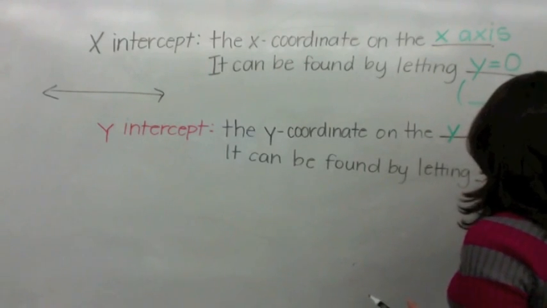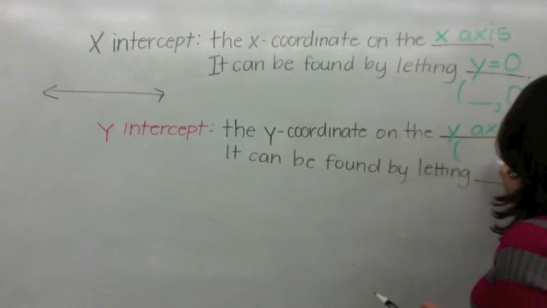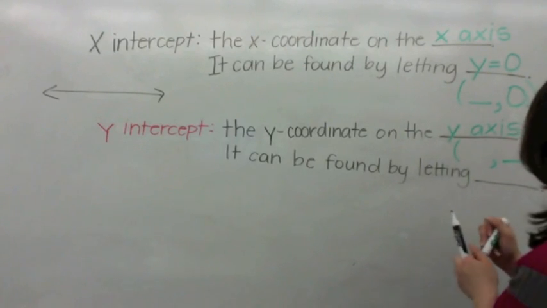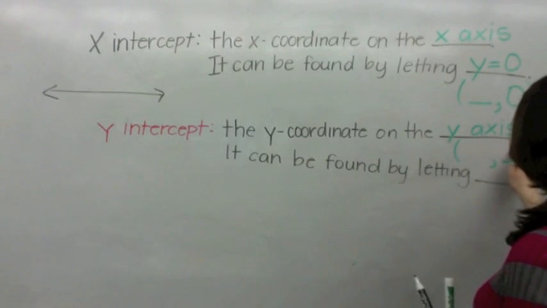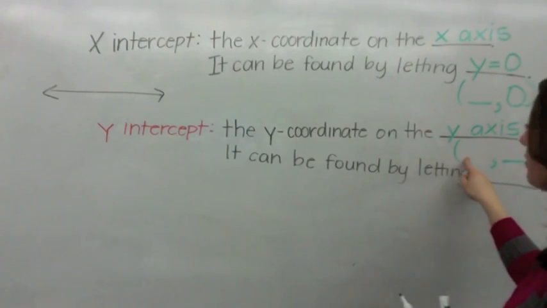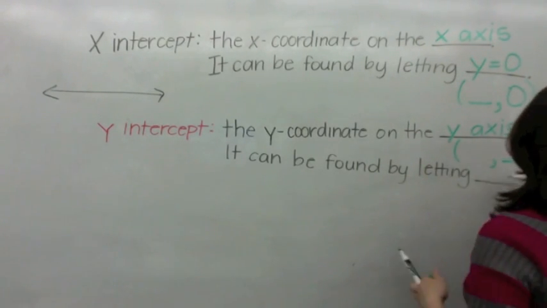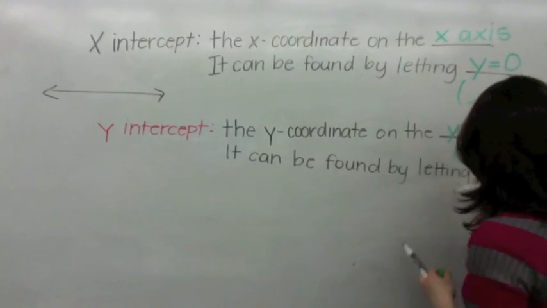So what does this mean? You're talking about now the y-coordinate, right? So if you want to find the y-coordinate, you can do this by letting x equal 0. Okay, this is where x is 0.